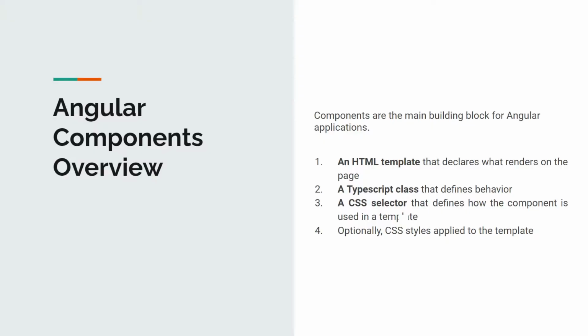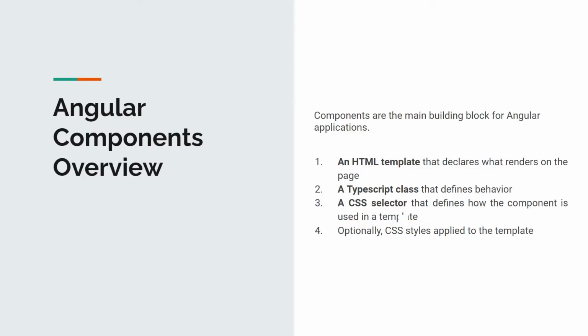Let's consider the code level behavior of these components. Each of these components consists of four main things. You have to understand this. For a component, number one, there is an HTML template that declares what renders on the page.